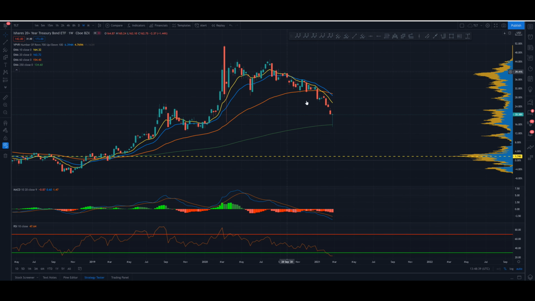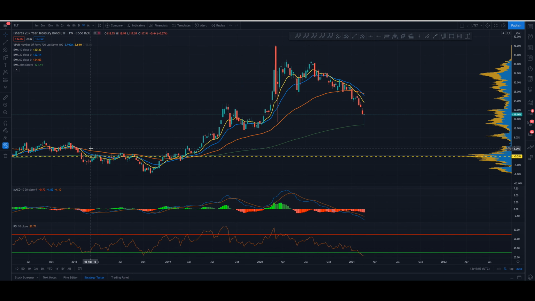But let's have a look at what the other technicals are telling us now. We've got a 20 and 10 exponential moving average cross over the 60 exponential, which is the orange, which is now starting to trend down. All of this happening while the price is below. This is very, very bearish looking. This is what we traditionally call a death cross.